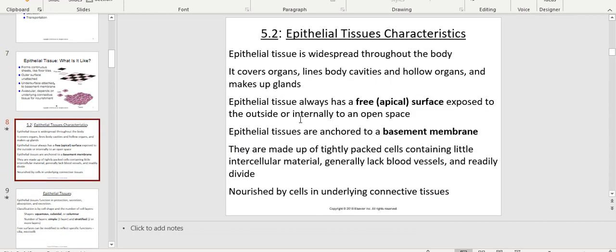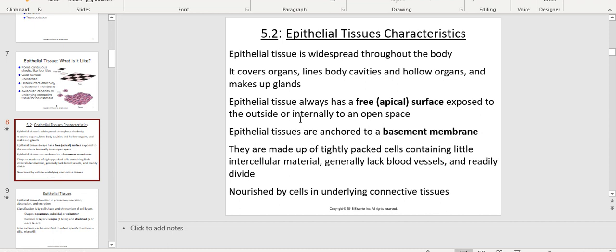Epithelial tissue is widespread throughout the body. It covers organs, lines body cavities, hollow organs, and even makes up glands. Epithelial tissue always has a free surface, a side that is open to some space.